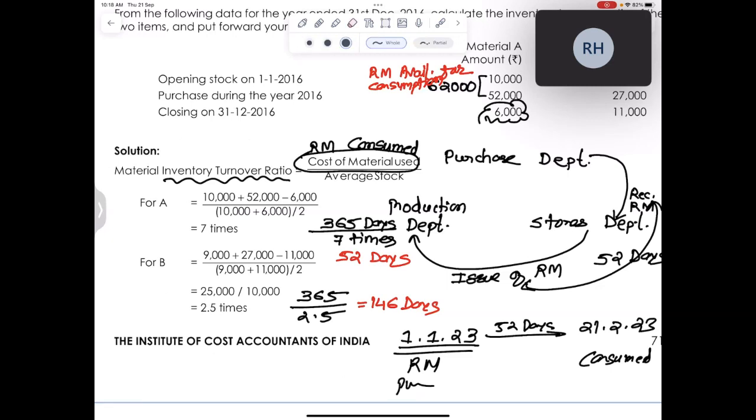The material is said to be a fast moving raw material if the inventory turnover ratio is on higher side.